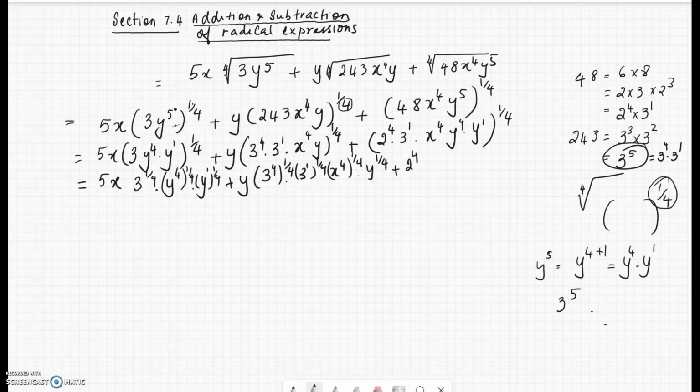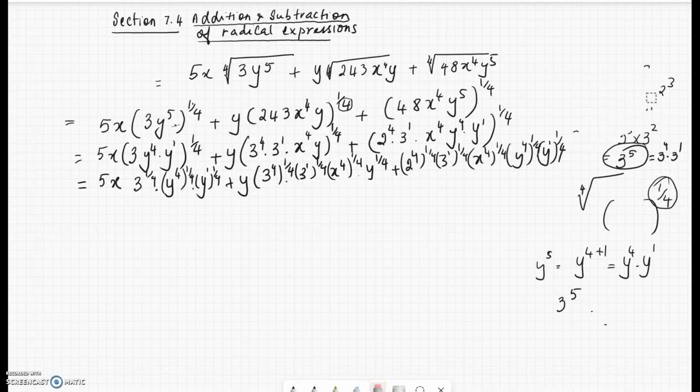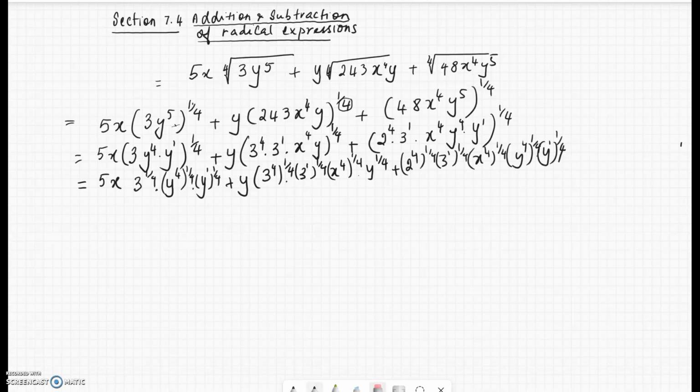So we have 2 to the 4th to the 1/4, 3 to the 1 to the 1/4, x to the 4th to the 1/4, y to the 4th to the 1/4, y to the 1 whole to the 1/4. So I'm just writing everything down, and that's why it's taking longer.